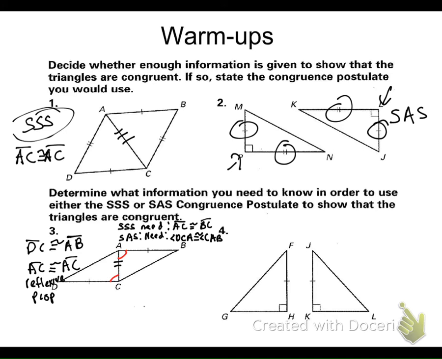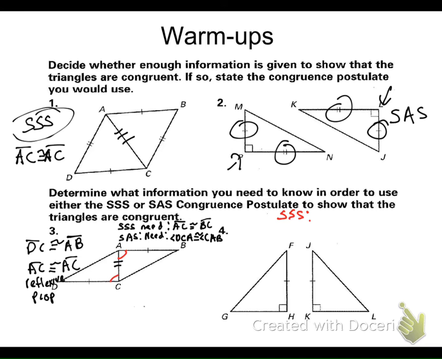For the next one, if we were going to do side, side, side, what else would we need to know? Right now, you know one side and one angle. So for side, side, side, we have to show the other two sides are congruent to two sides in the other triangle.